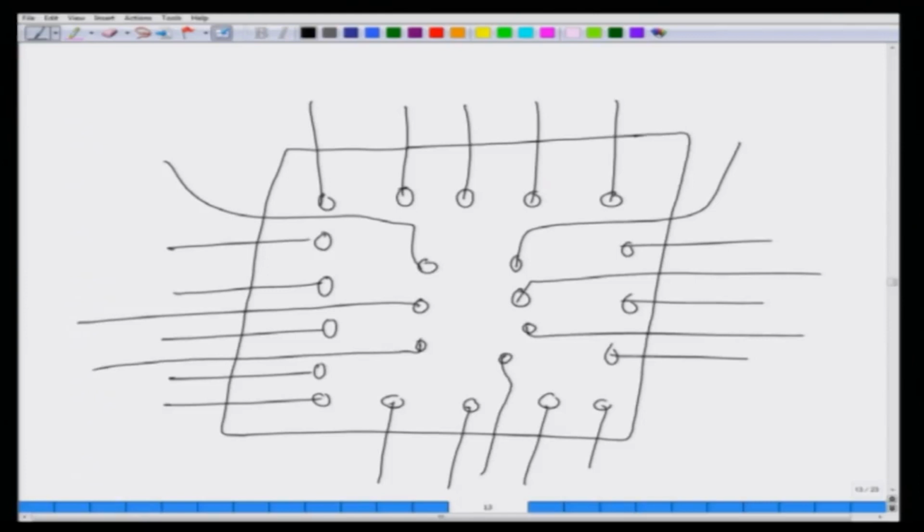If you can pattern this, say for example, I have a pattern like this, the cells will follow this trajectory, something like this.